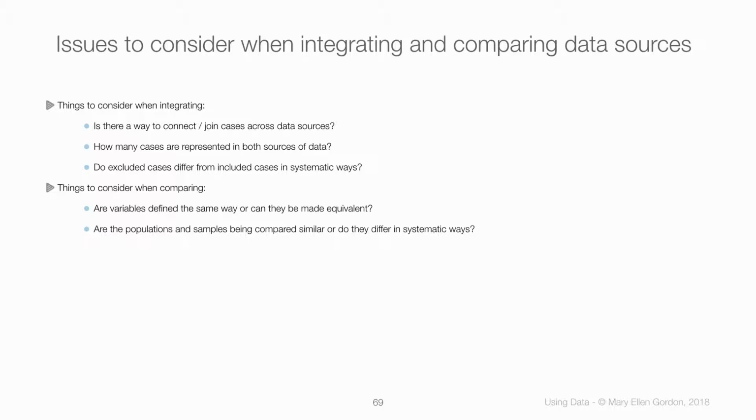In that case, we want to be a little bit careful because we can't be sure that the results for the survey respondents will be the same in terms of the attitudinal data as the people who we have behavioral data for, but not attitudinal data.